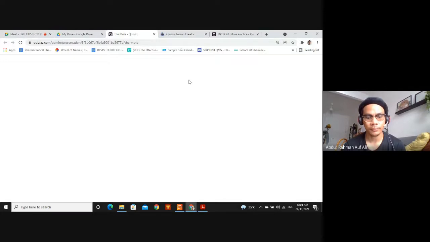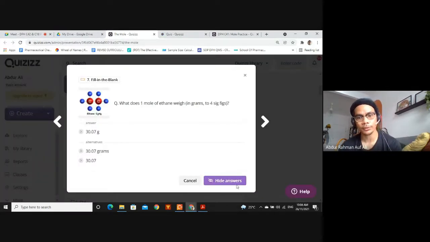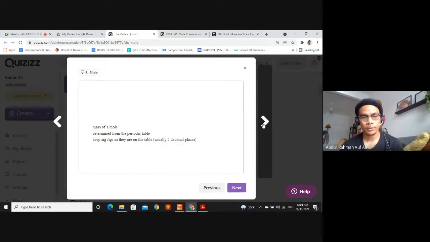Later on kita akan buat quiz. Okay. So the mass of 1 mole is determined from the periodic table. So how does the periodic table know? Because previously scientists, chemists, physicists have performed multiple pelbagai jenis tes berkali-kali and it is verified.